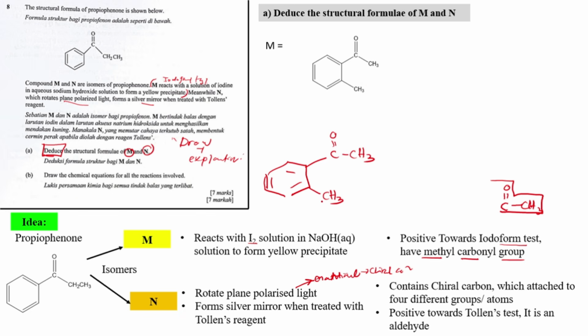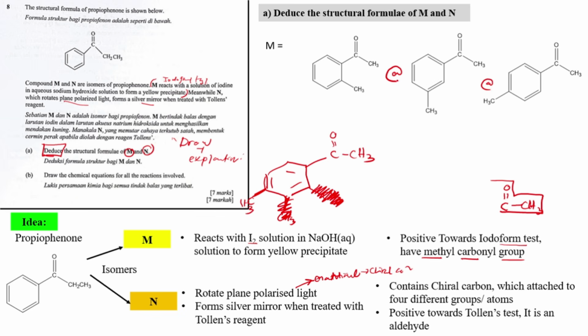Alternatively, you can also change the branching from this side to the other side here, which is CH3. So this is another possible answer. Or you can also change the CH3 here to be at this para position. So here is another answer. All of these three answers are accepted.